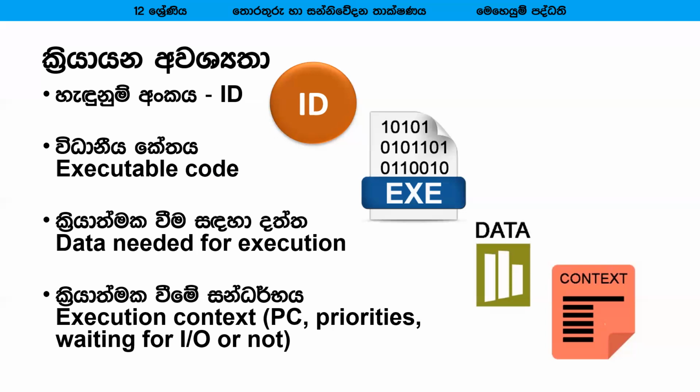The context involves many different things. We say there is a register called PC. PC stands for program counter, not the personal computer here. When it comes to process management, PC indicates program counter.